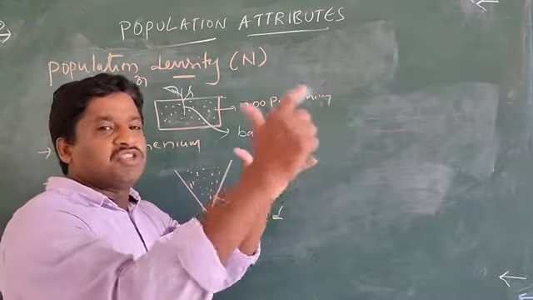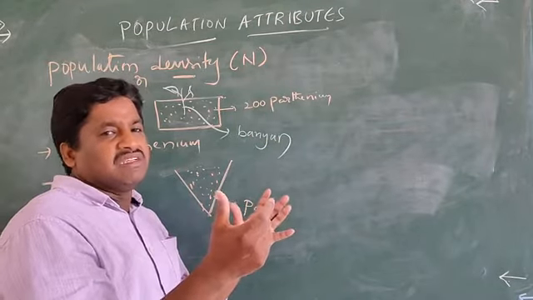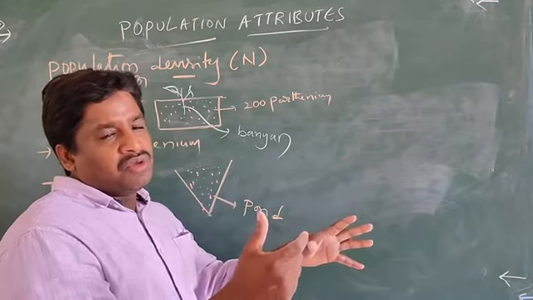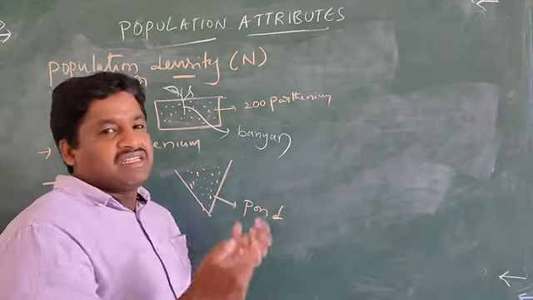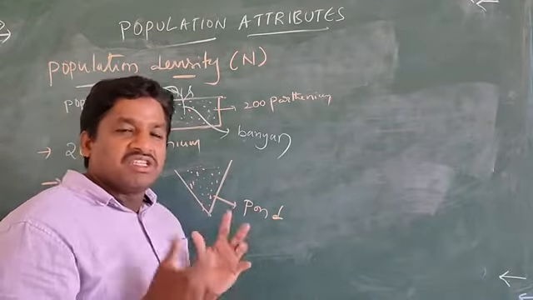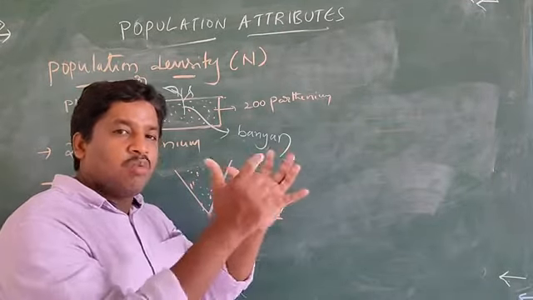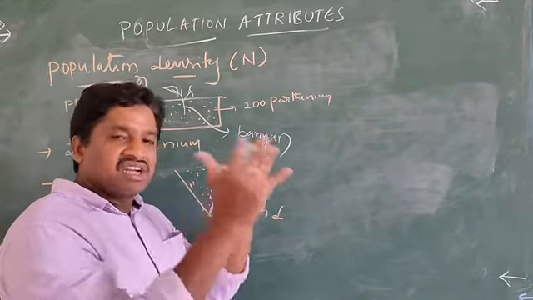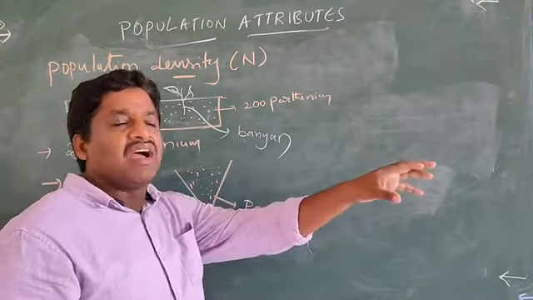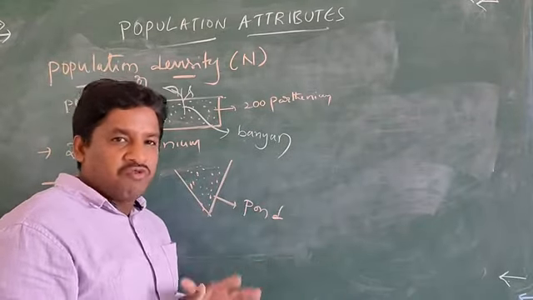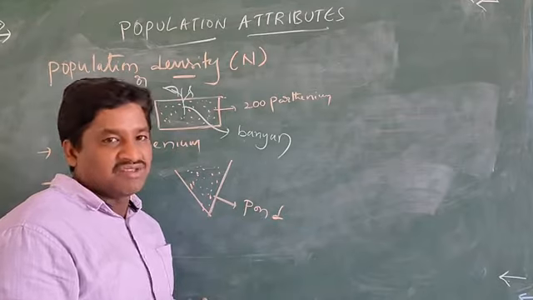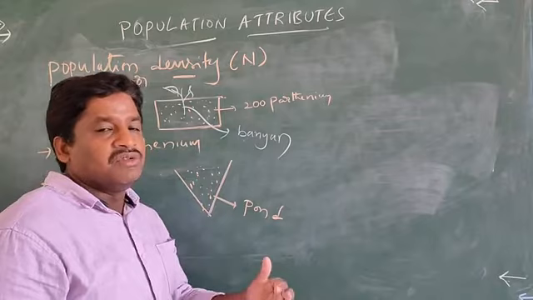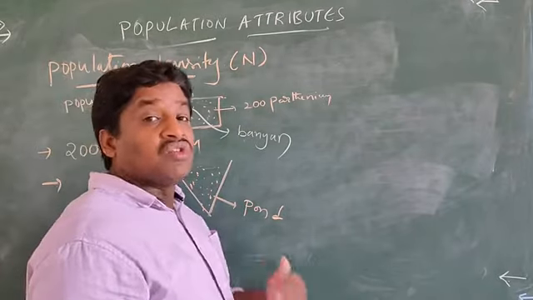If the fisherman caught more fishes, then in that area the population density is high. If they caught fewer fishes, in that area the population density is less. So how much they caught is called relative density. Based on this, we can find how much population is present in an area. That means it gives a better result. So that's why I said absolute density does not give a better result, and relative density serves well.